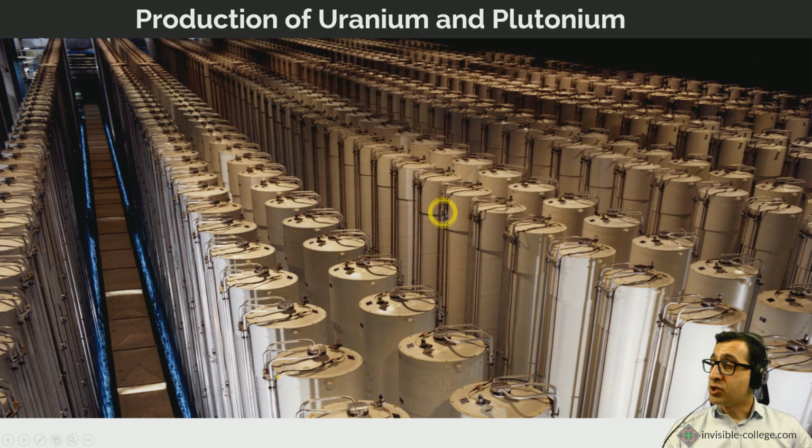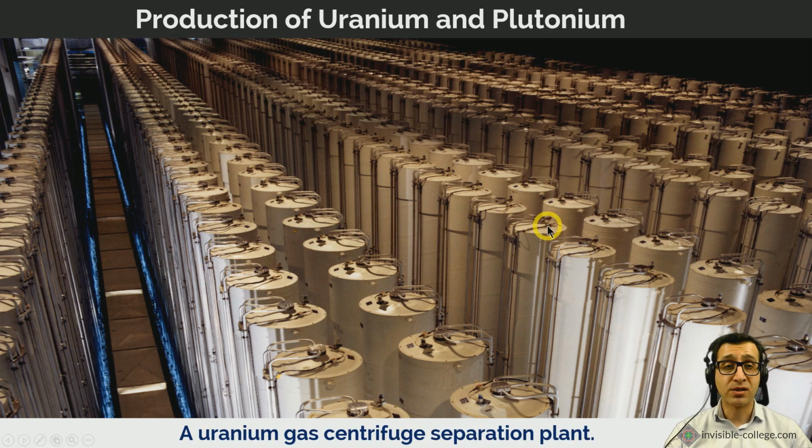So, in order to produce the purity of uranium and plutonium isotopes which are required for nuclear reactors, they need to be purified. And this is a photograph of a uranium gas centrifuge separation plant where naturally occurring uranium is separated and purified into uranium-235, which can then be used in nuclear reactors, but also in nuclear weapons as well.